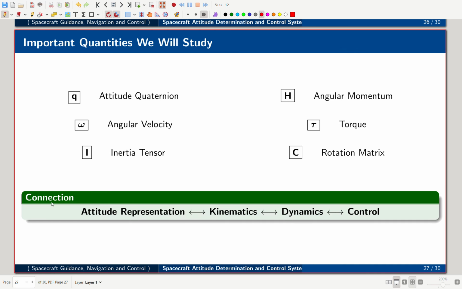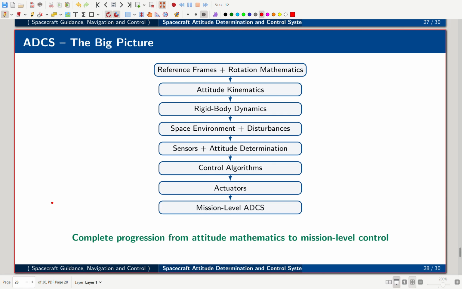So important question, like we will study attitude quaternion, angular velocity, inertia tensor, angular momentum, torque, rotation matrix. All those parameters are associated with the rotational dynamics and kinematics part. So attitude representation, like kinematics, dynamics and control. We will discuss what the dynamics and kinematics are.